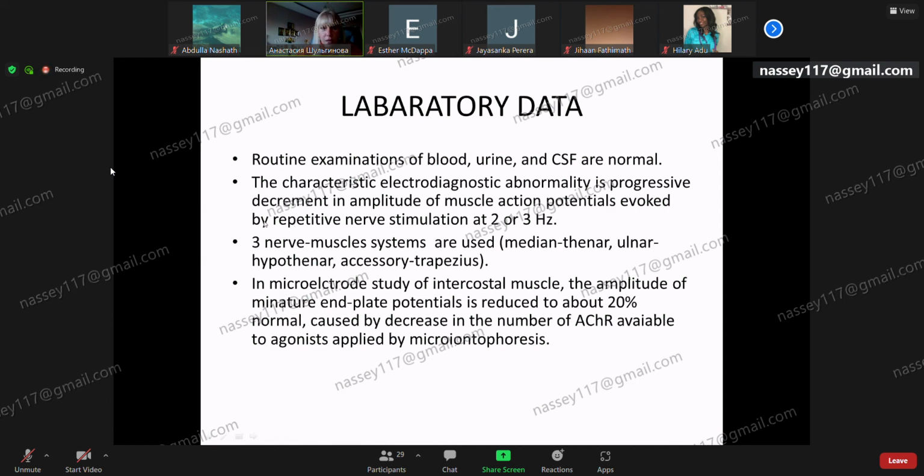Usually, we investigate it in electroneuromyography in 3 nerve-muscle systems: median thenar, ulnaris hypothenar, and the last one, accessory trapezius. In microelectrode study of the intercostalis muscle, the amplitude of the miniature endplate potentials is reduced to about 20% of normal, caused by a decrease in the number of acetylcholine receptors available to agonists applied by microiontophoresis.